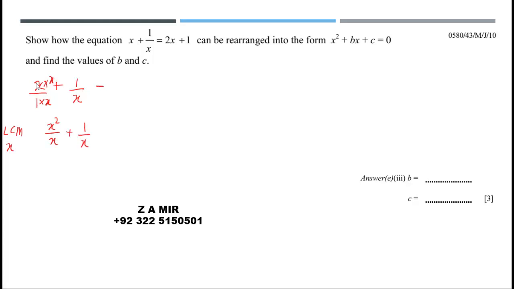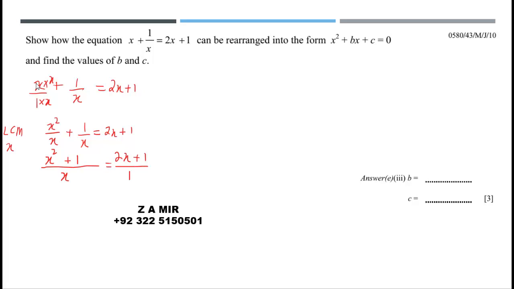Okay, now it is equal to 2x plus 1. Now the denominators are same, so this will become a single denominator. It will become x square plus 1, and it is 2x plus 1. Let me put 1 under this.